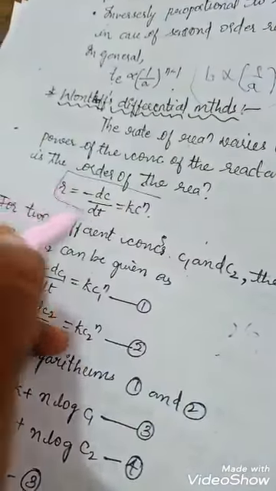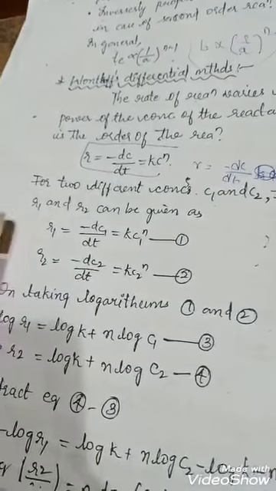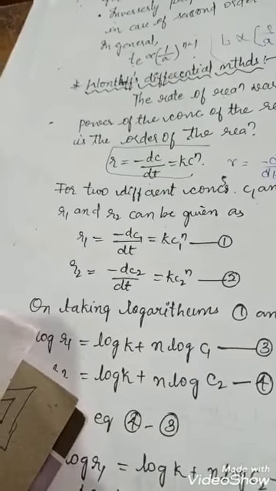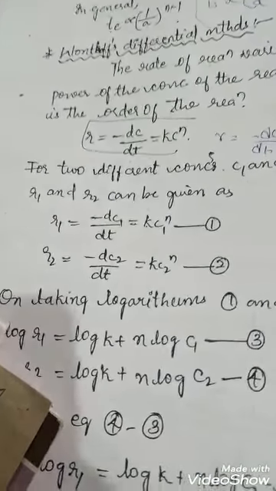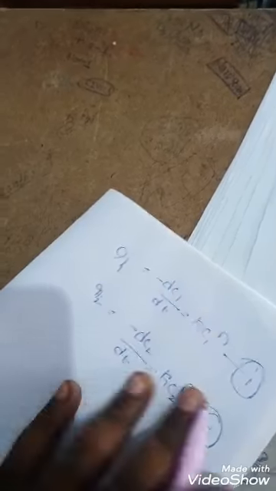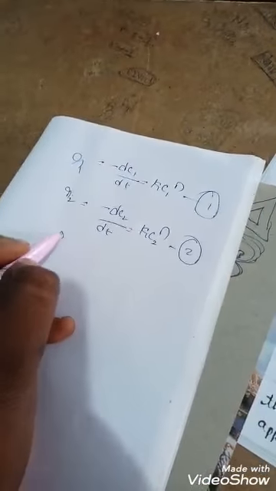For two different concentrations C1 and C2, the rates R1 and R2 can be written as: R1 equals minus dc1 by dt equals k c1 to the power n. This is equation 1. Next, R2 equals minus dc2 by dt equals k c2 to the power n. This is equation 2.